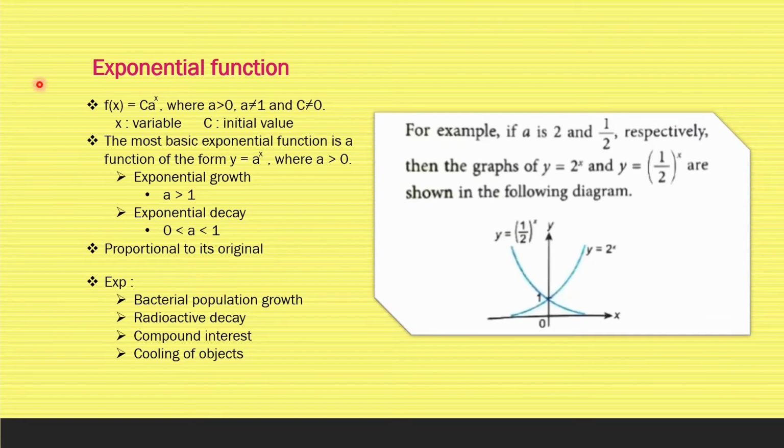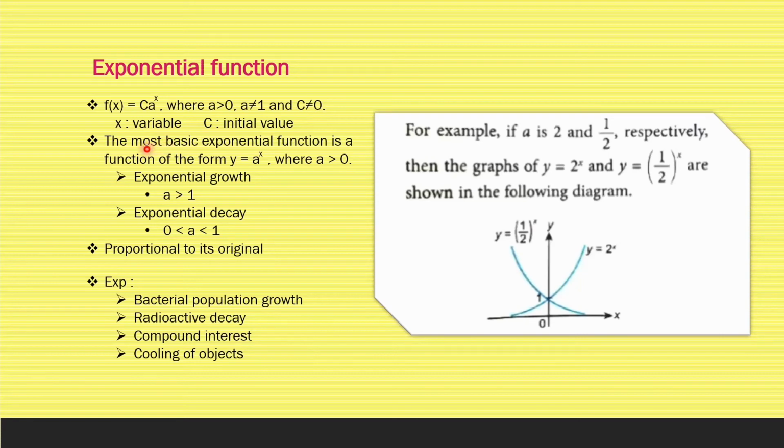The last type of function is the exponential function. An exponential function is a function of the form f(x) = c·a^x, where a is larger than 0, a is not equal to 1, and c is not equal to 0. The base a is the growth factor, x is a variable, and c is the initial value.